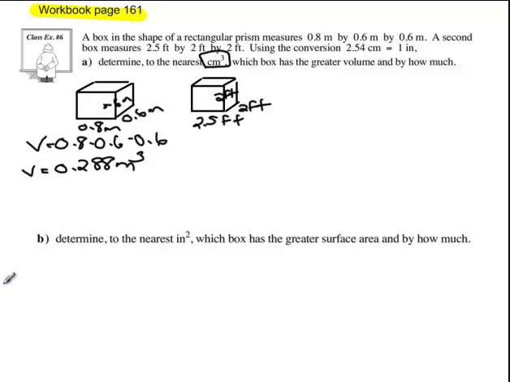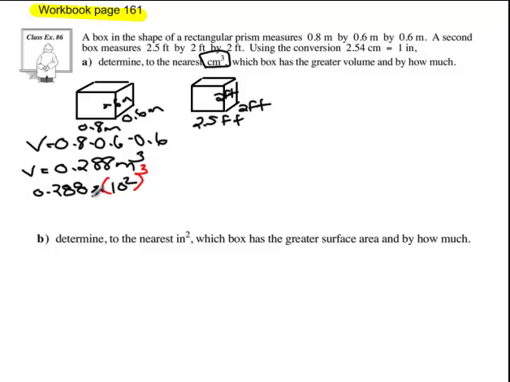Now, I converted that to centimeters cubed by remembering that to convert from meters to centimeters, I have to multiply by a factor of 10 squared. And then I accounted for the fact that this is a three-dimensional shape by cubing my conversion factor. So that really makes that a 6.